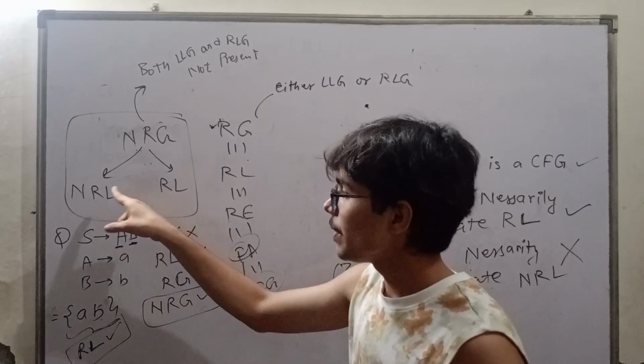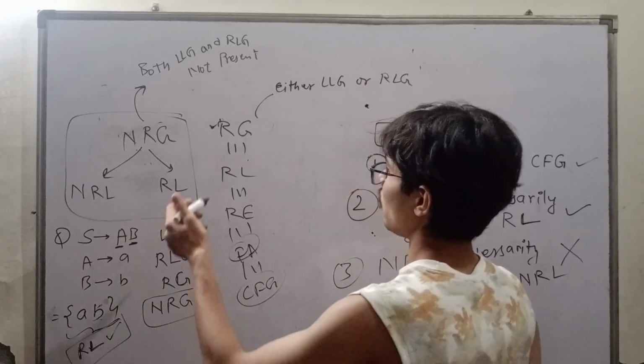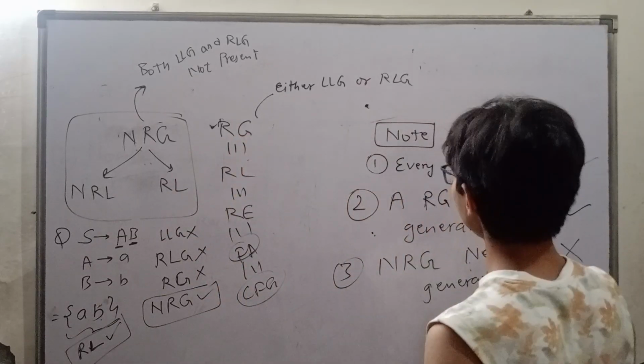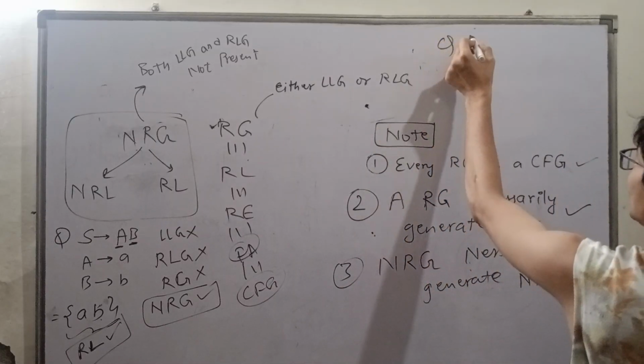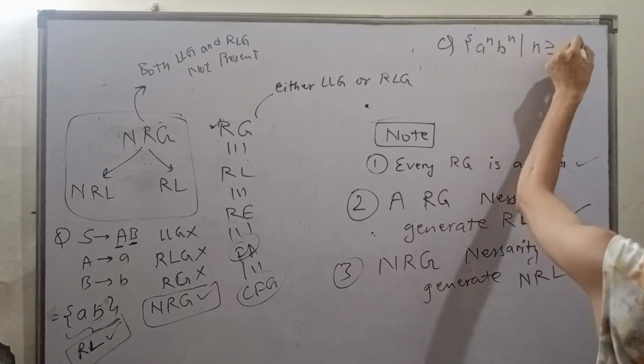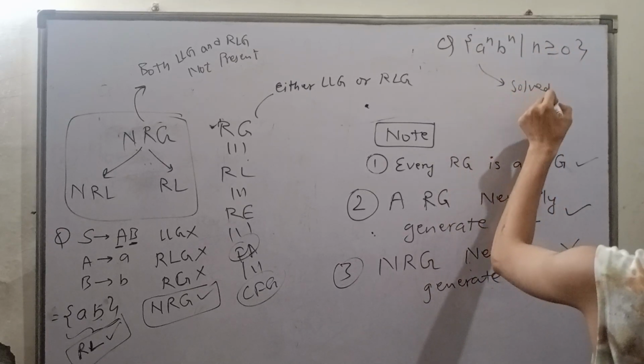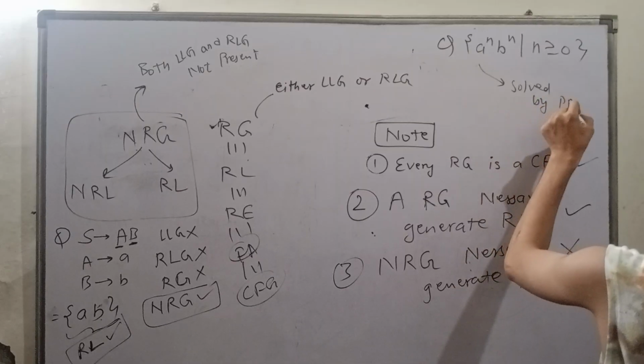Okay, so can you give me an example of a non-regular language also? I already gave you one, like a^n b^n, n greater than or equal to 0. This is solved by a PDA.